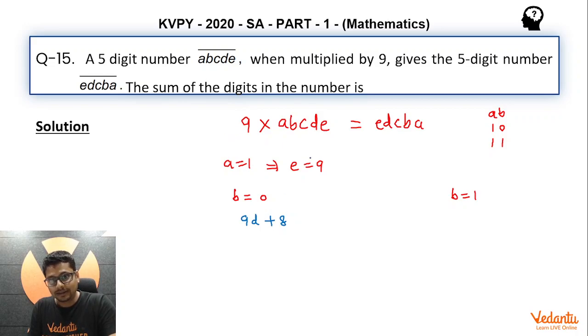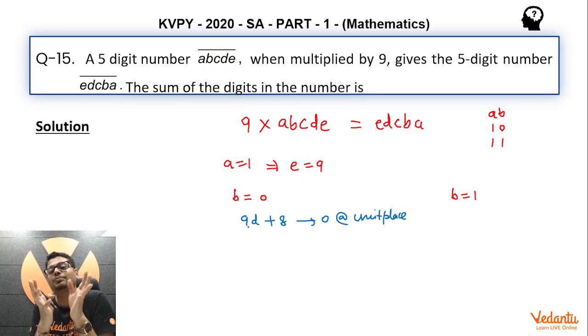9 times D plus 8 should be giving you 0 at the unit place. Why? Because D is supposed to be a digit between 0 and 9, so 9 times D plus 8 should give you 0 at the 1's place.